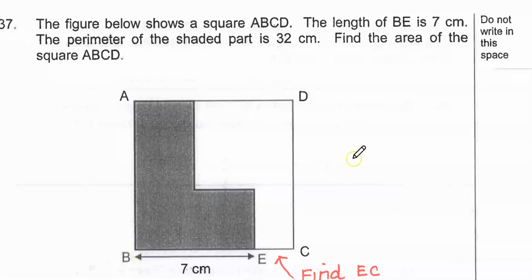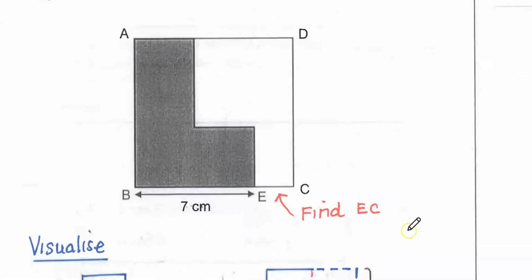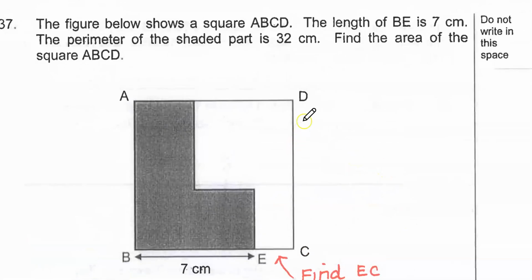Now first of all, the question says find the area of the square, this whole area. It means you find one side, and take this side times the other side.